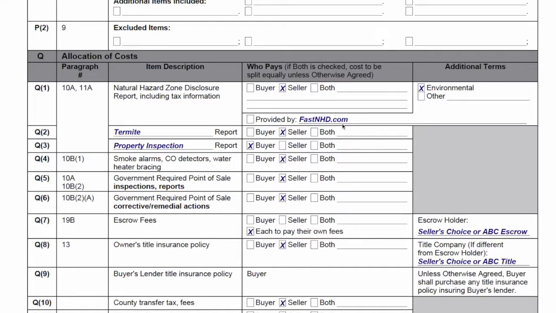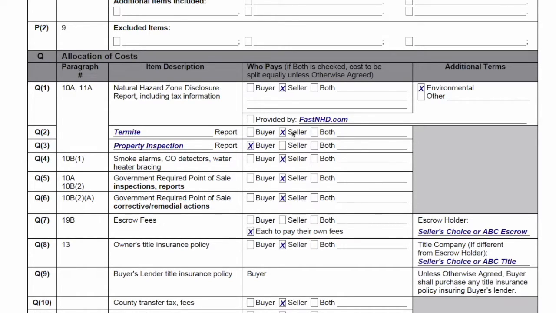Even though I wrote in the name of a company, because I didn't check this box, this is no longer enforceable. So if another company was used, or if the other brokerage or whomever ordered it, let's say escrow, used a different company instead of the one that I prefer, there's nothing I can do.